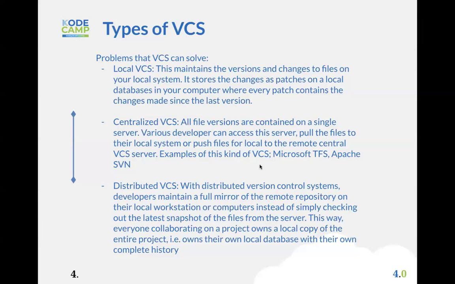But with the distributed version control system, there is both the remote repository and the local repository, which is a direct mirror, an exact replica of what you have on the repository, sitting in the local computer of everybody collaborating on that project.